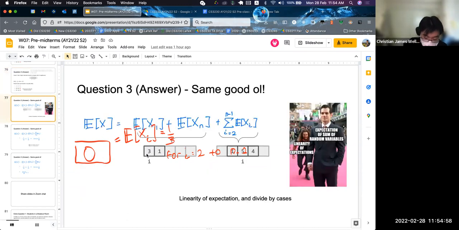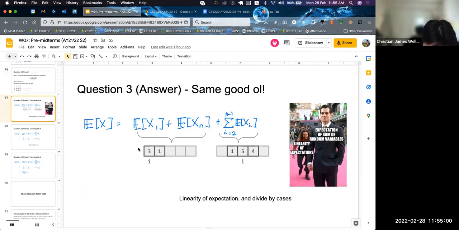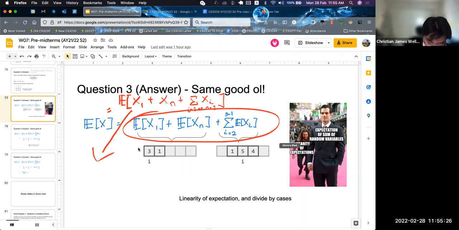For this question, I skip a lot of steps, but if I were to properly do it, it's going to be the expectation of X1 plus Xn plus summation i equals 2 to n minus 2 of Xi, right? And by linearity of expectations, we get to this part over here.